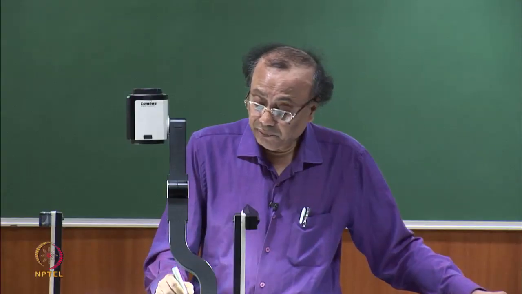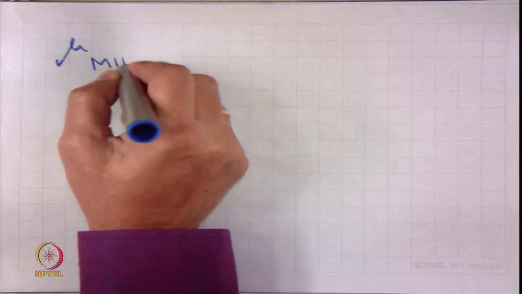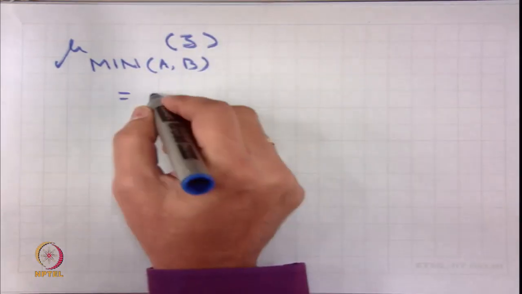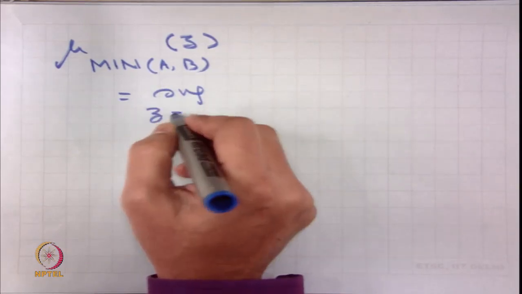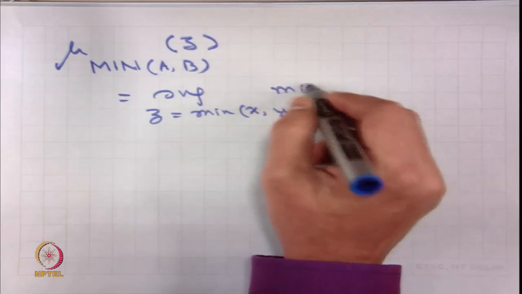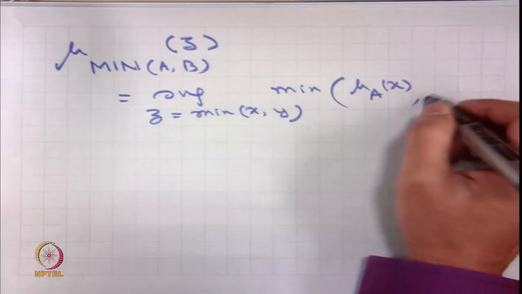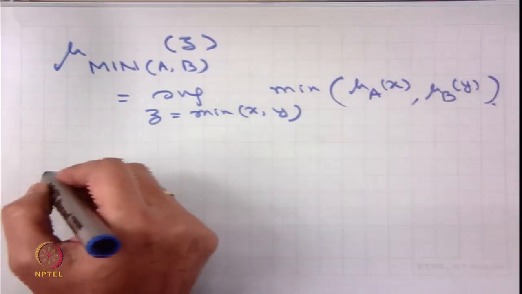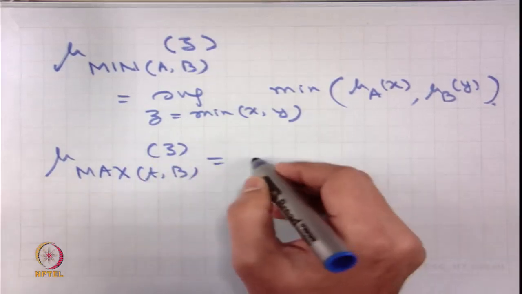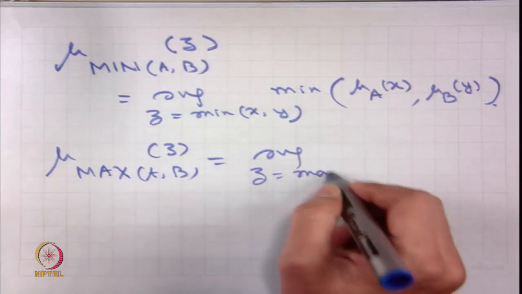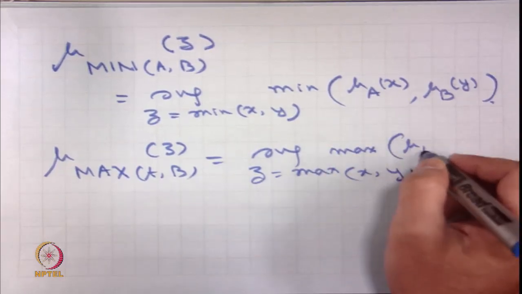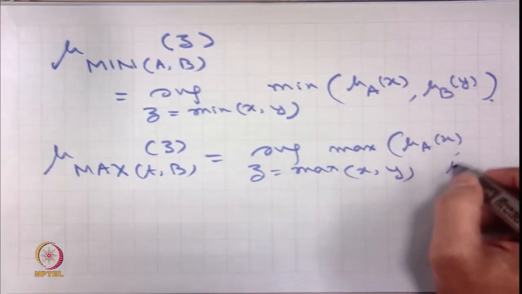For your recollection, min of the sets A, B: membership of Z to this is given by supremum over all Z which satisfy minimum of x, y, of minimum of mu A of x and mu B of y, and mu max A, B of Z is equal to supremum over Z equal to max of x, y, of maximum of mu A x, mu B y.